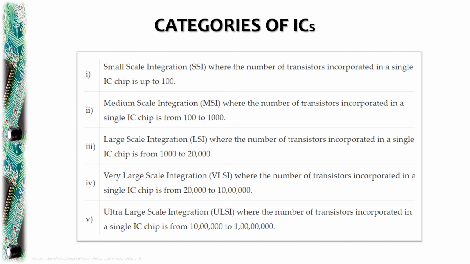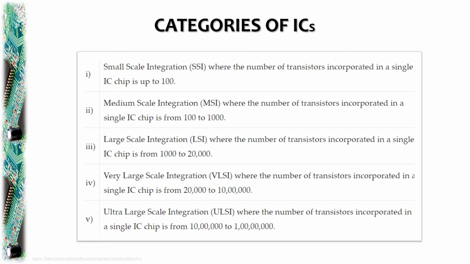And depending upon the number of transistors incorporated in a single chip, the ICs are categorized in 5 groups. Here we have the names SSI, MSI, LSI, VLSI, and ULSI. So SSI means small scale, medium scale, large scale, very large scale, and ultra large scale integration.